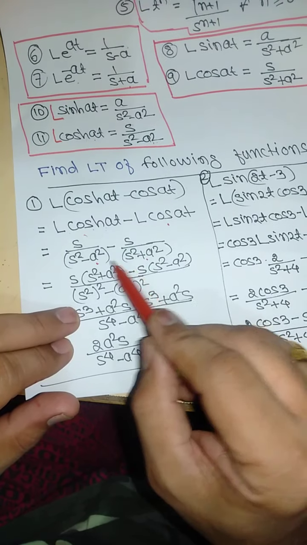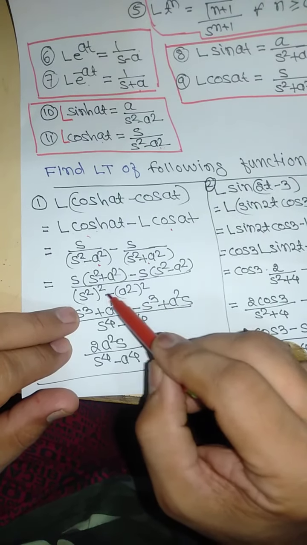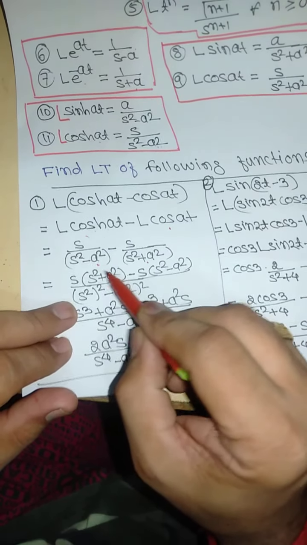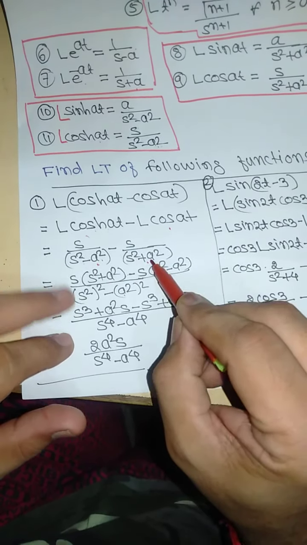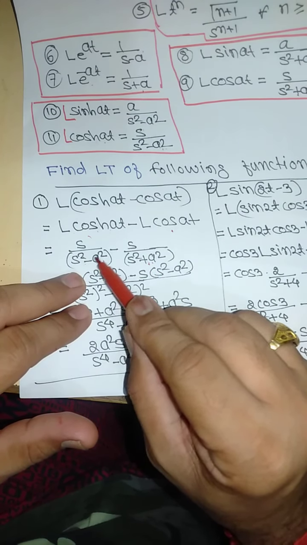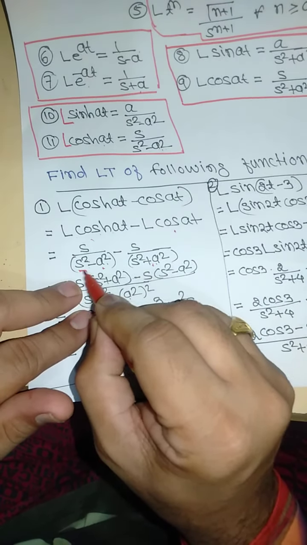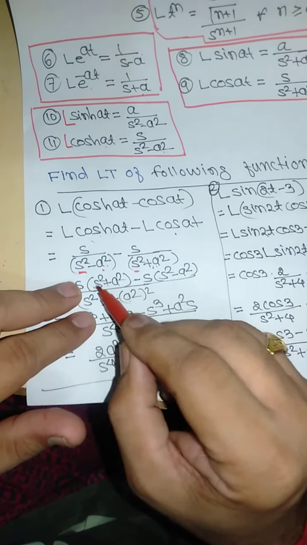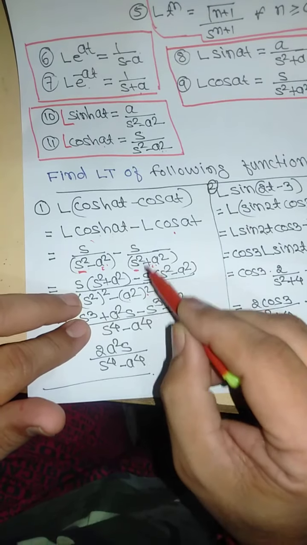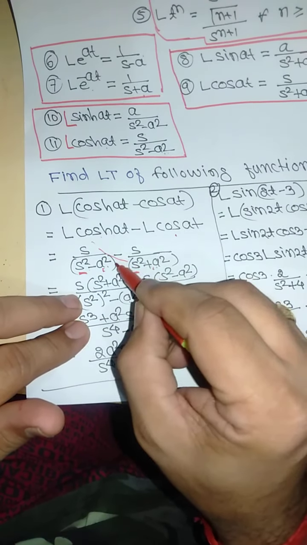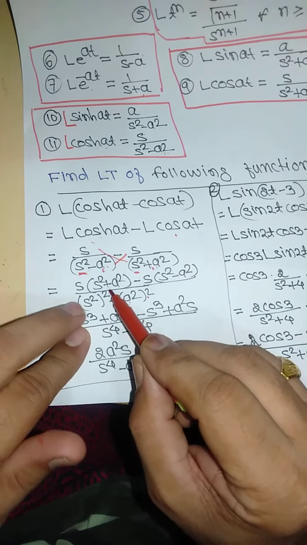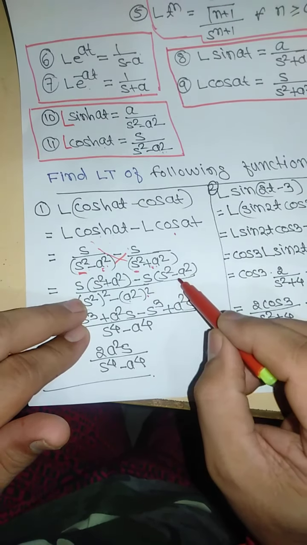Then taking the LCM of the denominators and cross multiplying, we get s square minus a square into s square plus a square. This is of the form a plus b into a minus b, so the a square minus b square formula is applied: s square whole square minus a square whole square. Then the cross multiplication gives s into s square plus a square minus s into s square minus a square.